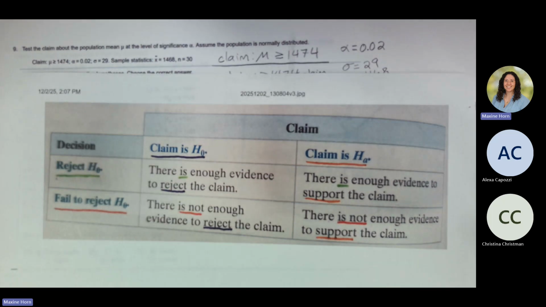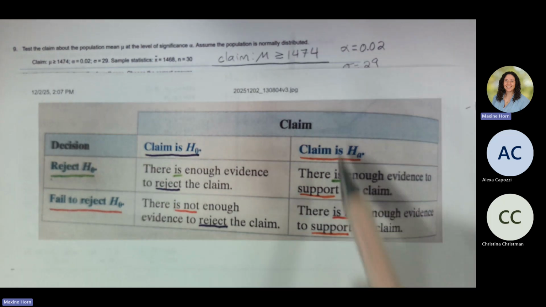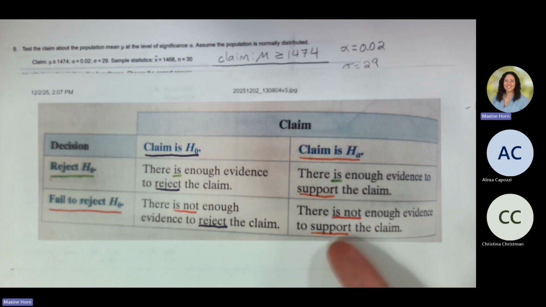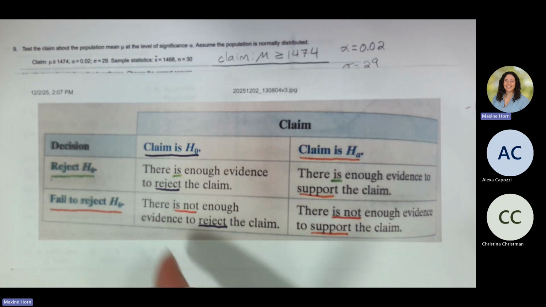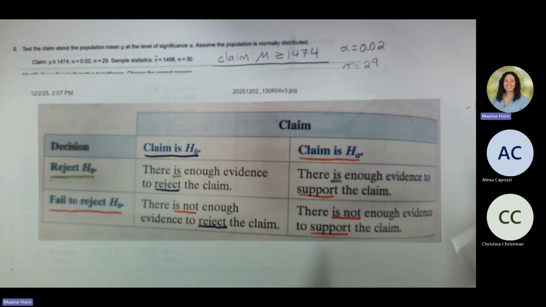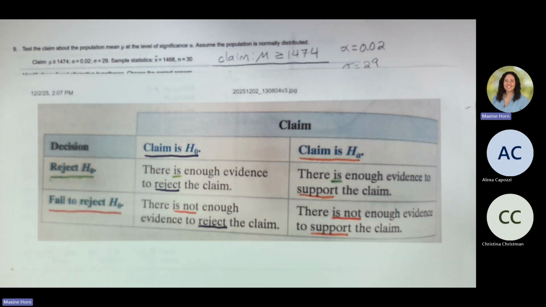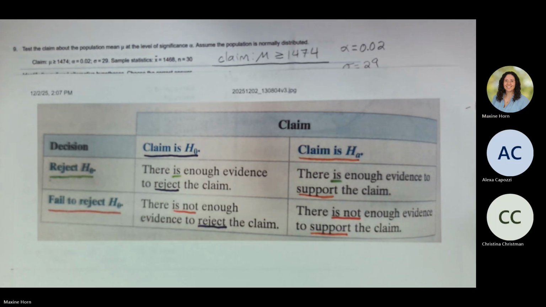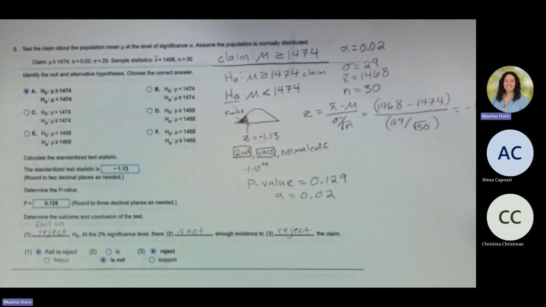And if you're having trouble seeing the patterns, like claim talks about supporting, or failing to reject talks about not enough evidence. Also, it doesn't help that my orange and my red kind of look similar. Anyway, that's what you're going to be referring back to. Okay, so we did all of that by hand. Now, let's do that in the calculator.